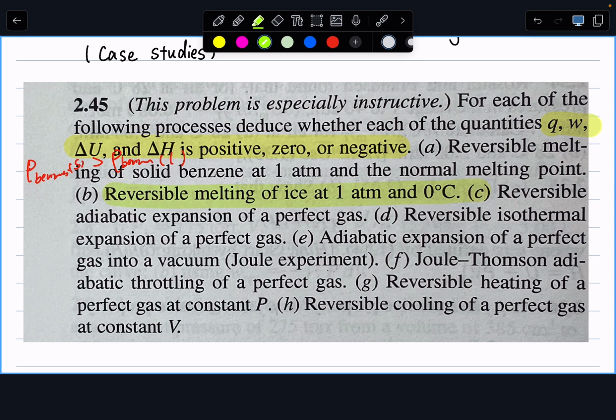So again, it's a reversible melting at a constant temperature at your normal melting point. So it's pretty much equilibrium with each other, a reversible PV work under consideration. But for ice, there's something we know, that the density of ice is smaller than the density of water. Right? So the only thing different is my work in this process.